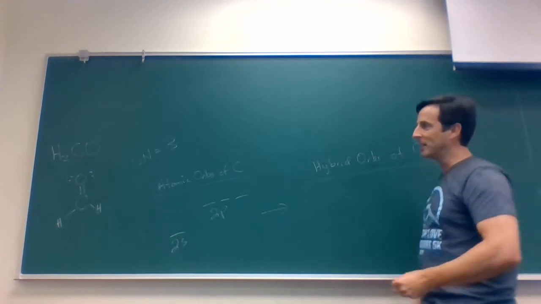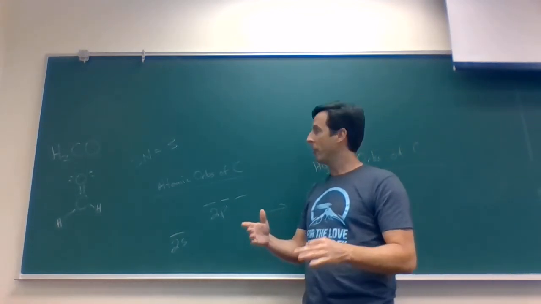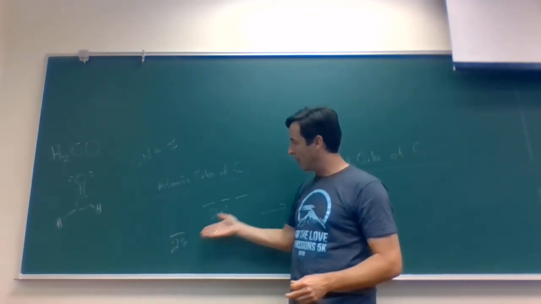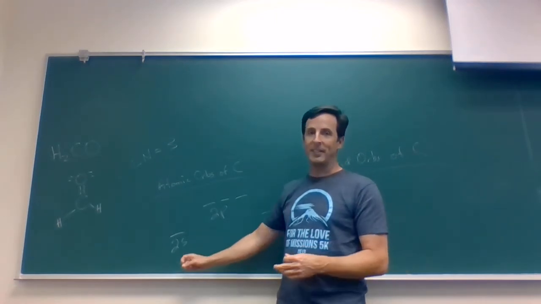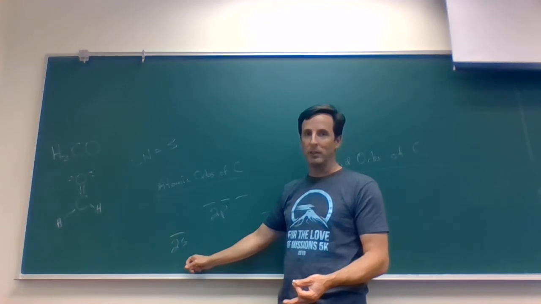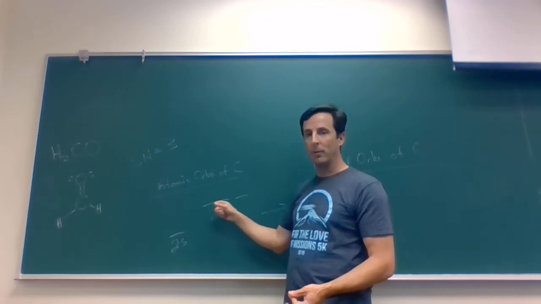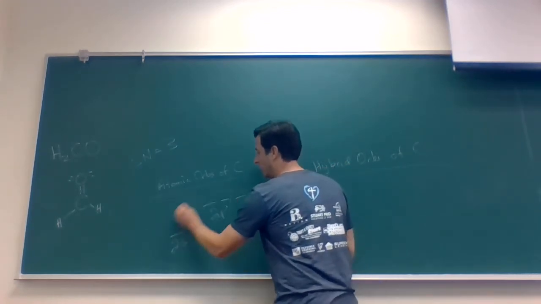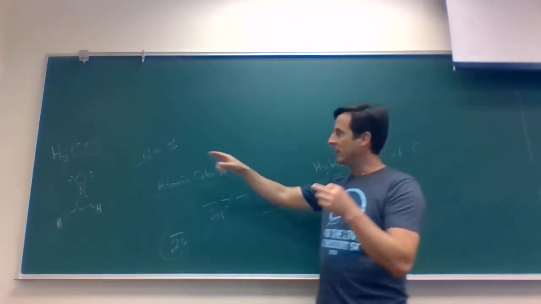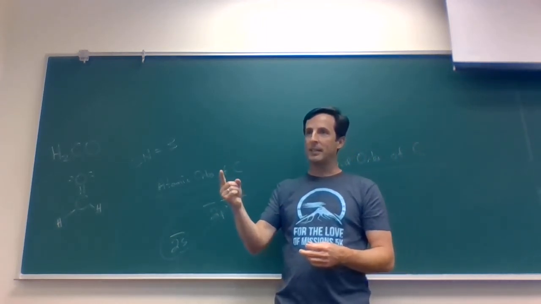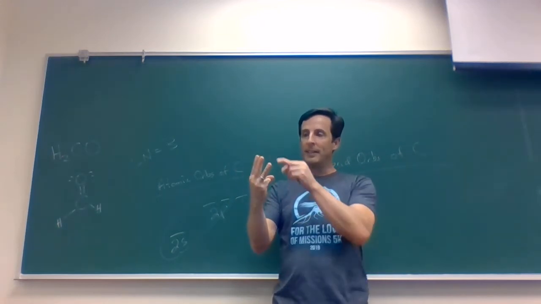When I hybridize, my steric number 3 tells me how many of these to use. I need to use 3 of them. I always have to take the s orbital, that's the first one, and I'm going to take 2 of the p orbitals. So I'm going to take those 3 orbitals. So you should already at this point know, steric number is 3, I should be taking an s, a p, and a p. That's sp2.